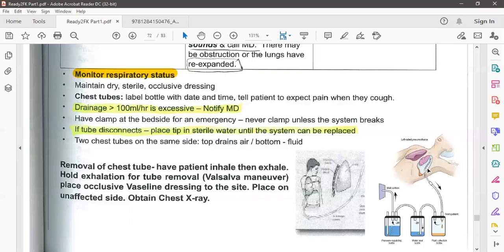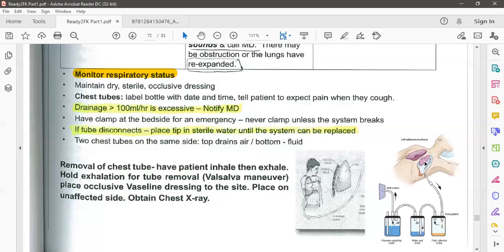And we obtain the chest X-ray to verify the tube placement. And also keep two hemostats or sterile water or occlusive dressing at the bedside. And also one clamp when ordered. Do not milk the tubing, right?